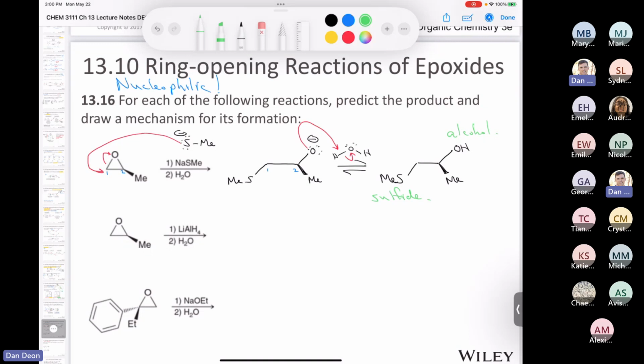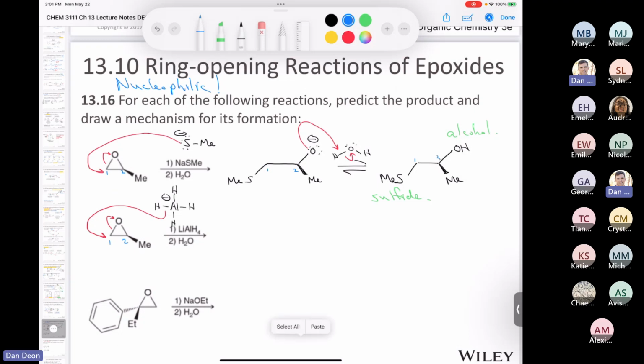Let's try the next one. If we have lithium aluminum hydride, if we draw the aluminum hydride ion, it's going to look like this. So we get a nucleophilic attack like this and a loss of leaving group like that. So again, I'm going to number these carbons as carbon 1 and 2. I didn't finish it up here.